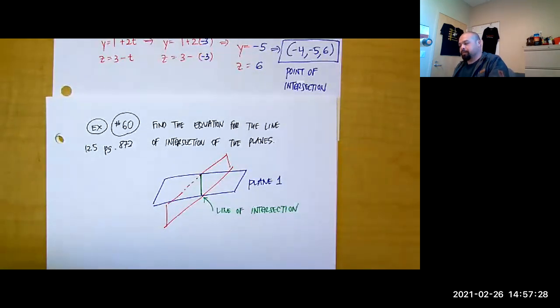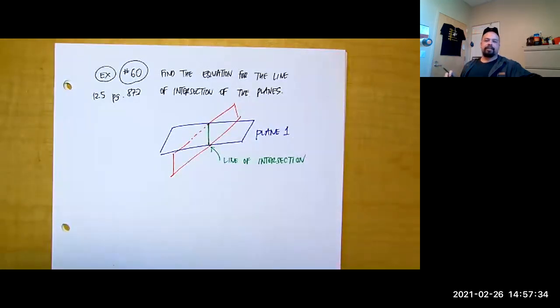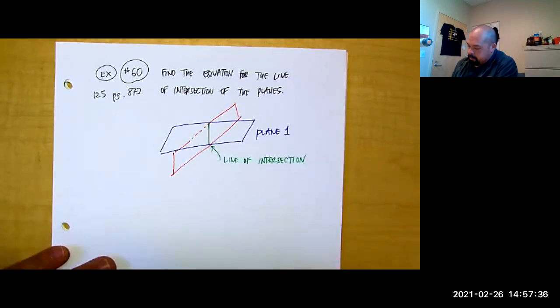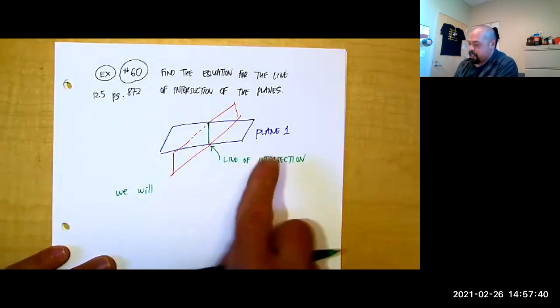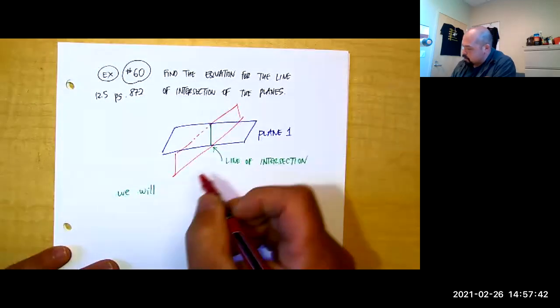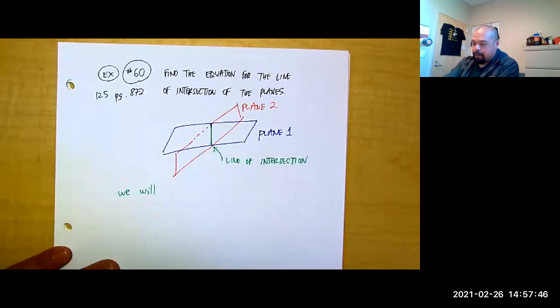Okay, so let's think about what we're going to need. To get that line of intersection, that's our goal, we'll need, of course, the equations of those planes as well. I'll write that up, okay?